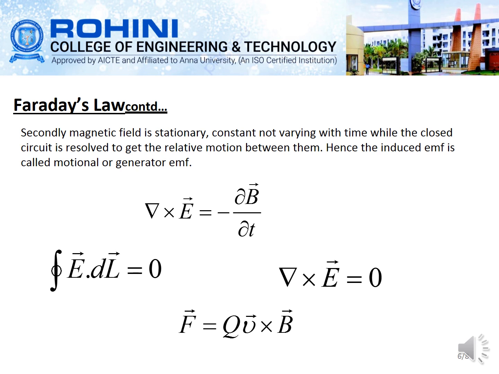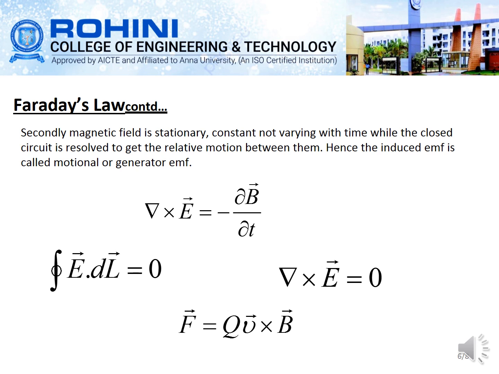Then the second one is that the magnetic field is stationary, so it is constant and not varying with time, while the closed circuit which we are relating gives the relative motion between these two. So this action is similar to generator action, and hence this induced EMF we can call motional EMF, or generational EMF, since the magnetic field is stationary and not varying with time.